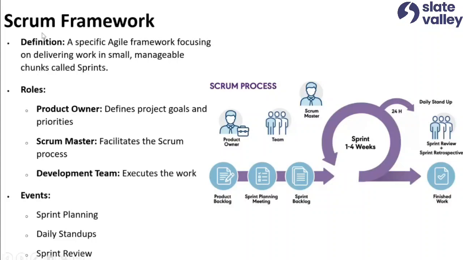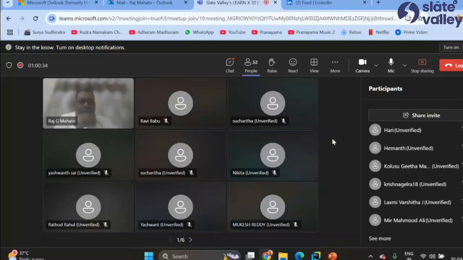So what is Scrum? It's an agile framework focusing on delivering work in small, manageable chunks called sprints. What is a sprint basically? Sprint is when something moves very fast for a short period.